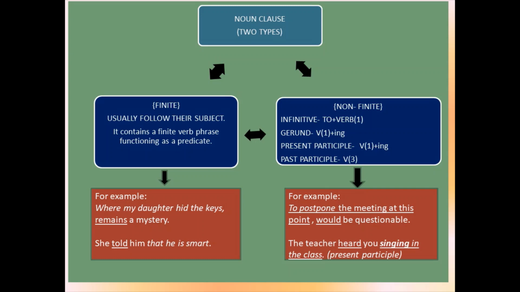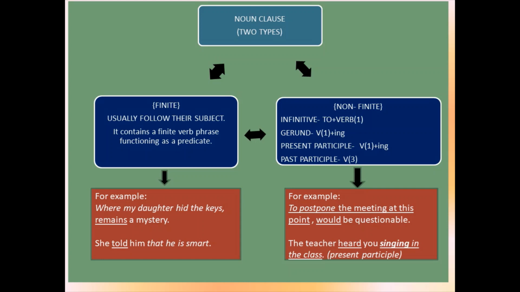Now when you see these kind of verbs used there all alone, all by itself, you should understand that it is because the subject has been omitted as there is already a mention of the subject before. Okay, would be questionable. It would be questionable. What would be questionable? It. What is it there? It is already mentioned there. To postpone the meeting at this point. So the subject is already mentioned. Therefore, to avoid the repetition, the subject is not being repeated.